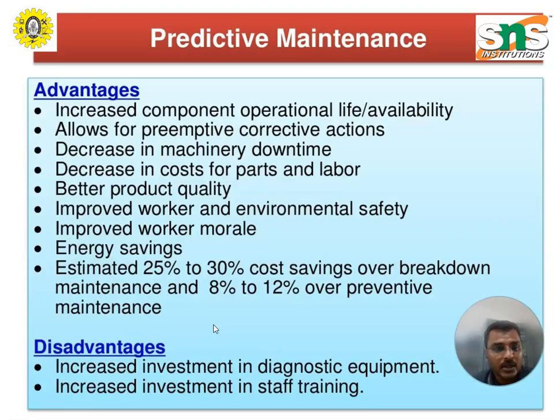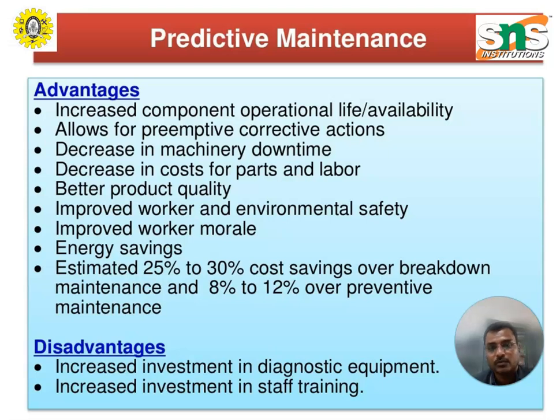The main advantages of predictive maintenance are increased component life, increased operational level, increased availability of the machines, allowing for proactive corrective actions, decreased machinery downtime, and decreased cost of parts and labor.